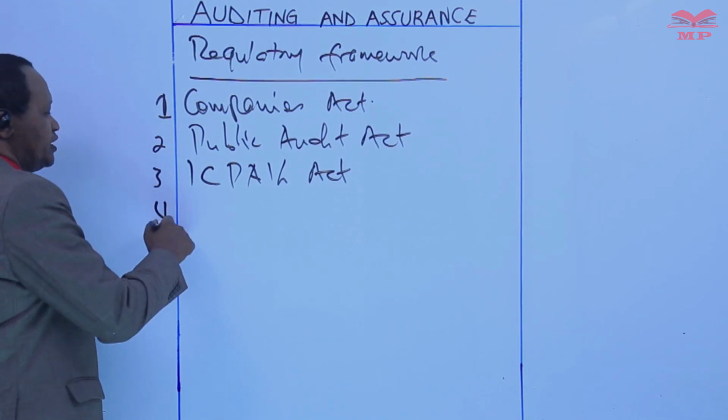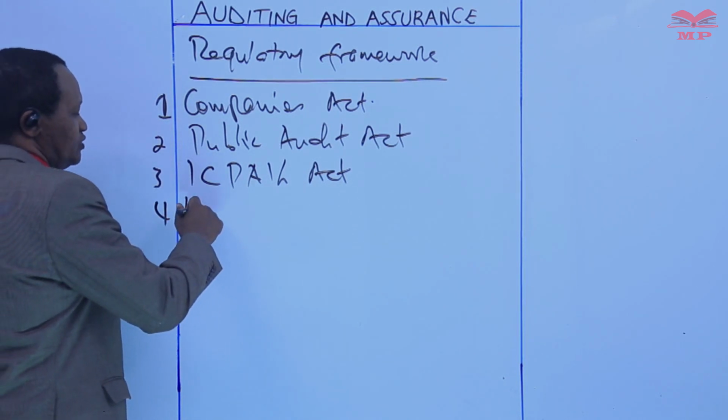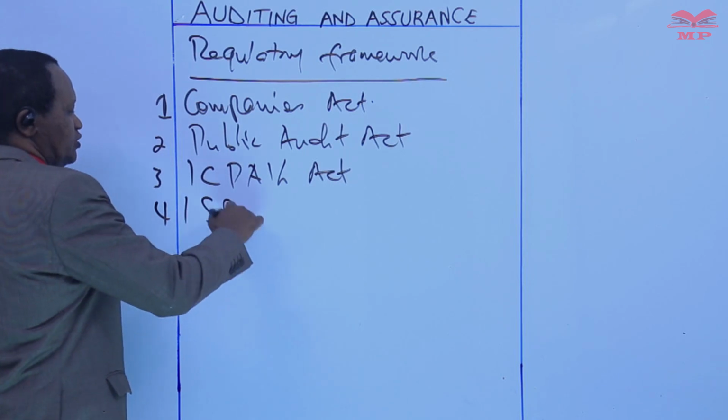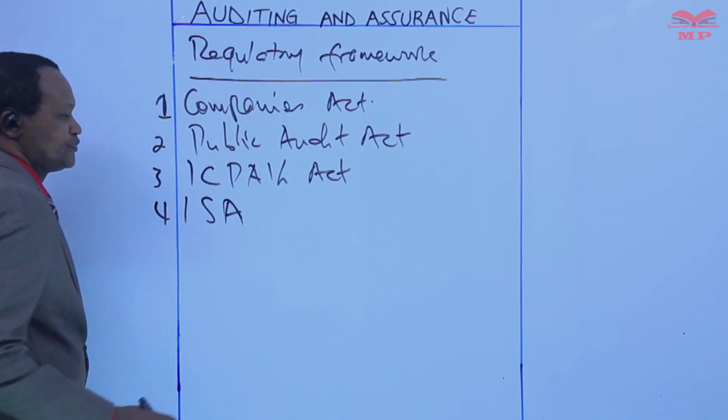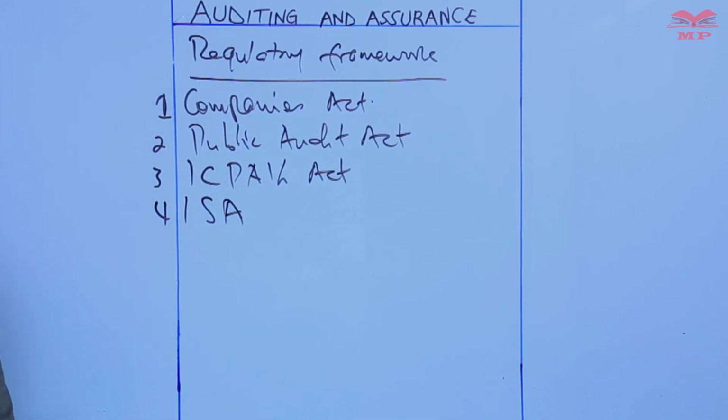Number 4, we have International Standards on Auditing. These are ISAs.